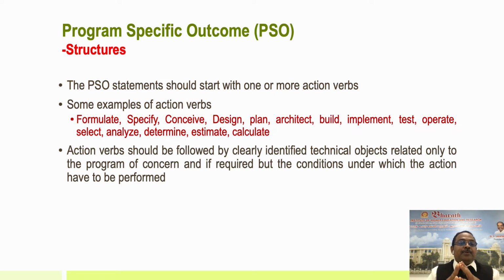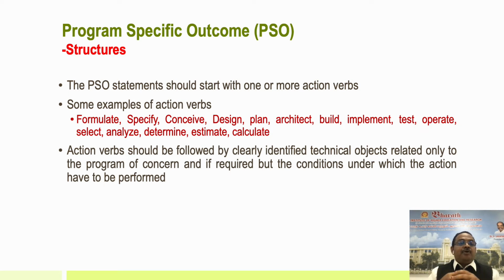The structure of the program specific outcome is: the PSO statement should start with one or more action verbs. Some examples of action words are formulate, specify, conceive, design, plan, architect, build, implement, test, operate, select, analyze, determine, estimate, calculate.